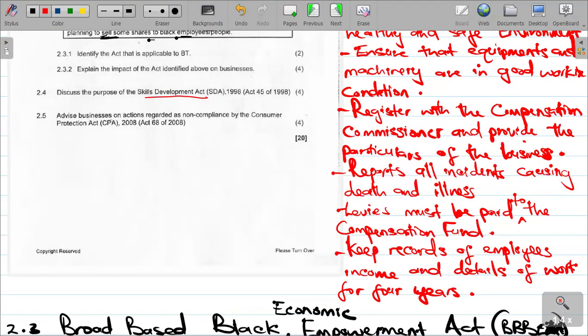Advise businesses on actions regarded as non-compliance by the Consumer Protection Act. Right?